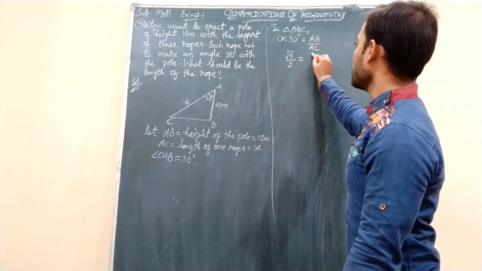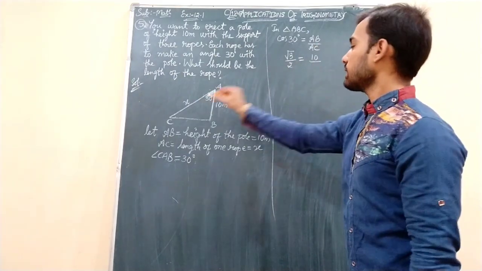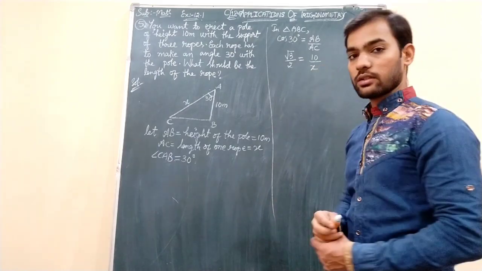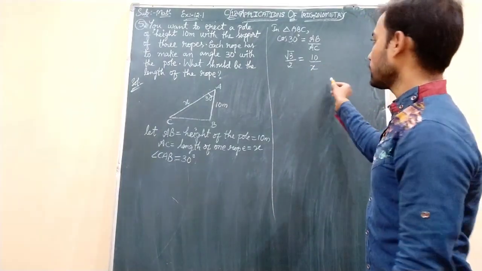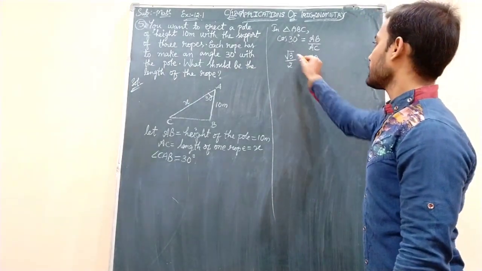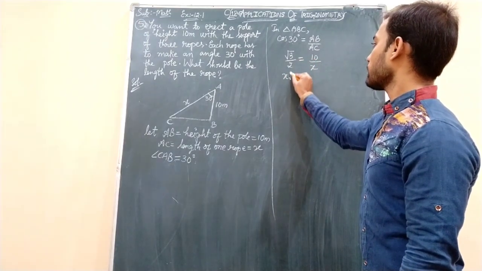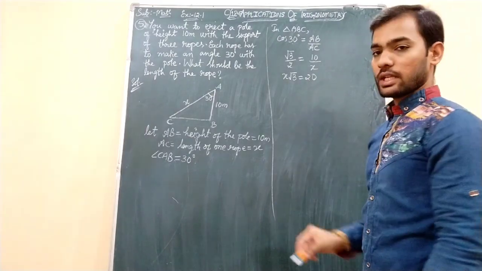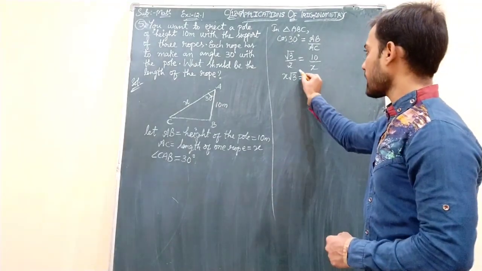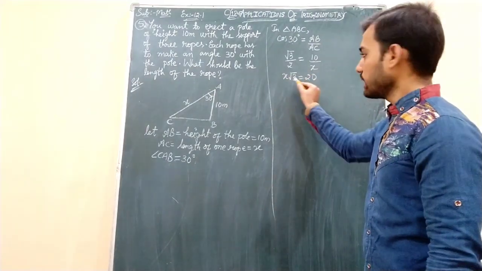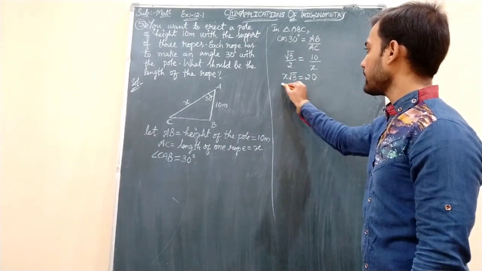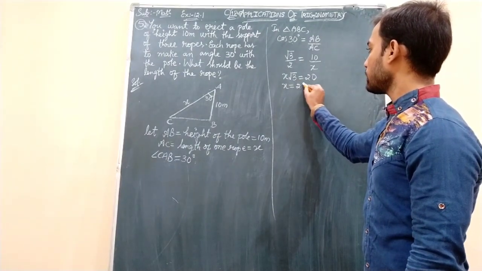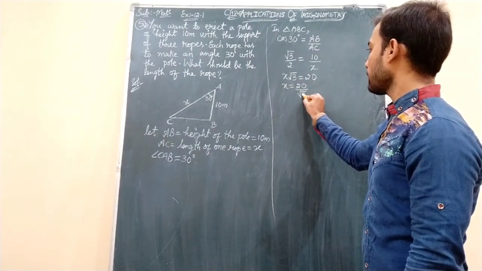AB is 10 and AC is X. Okay students? So now doing cross multiplication, X into root 3 is X root 3 and 2 into 10 is 20. As we need the value of X, transposing this root 3 from left to right, since they are in multiplication, it changes to division. So you get X equals 20 upon root 3.